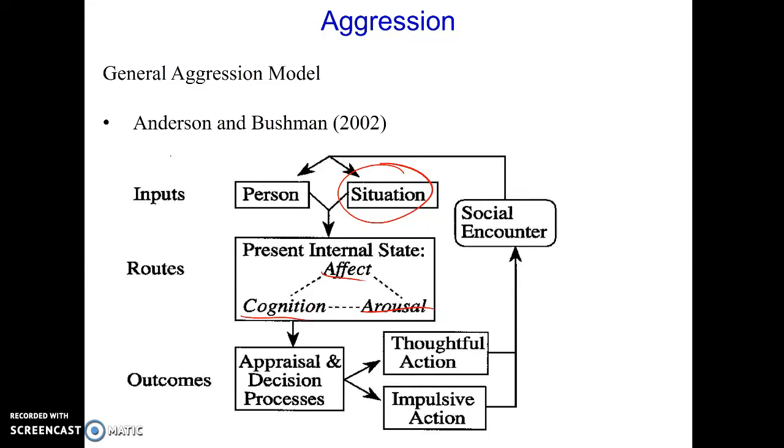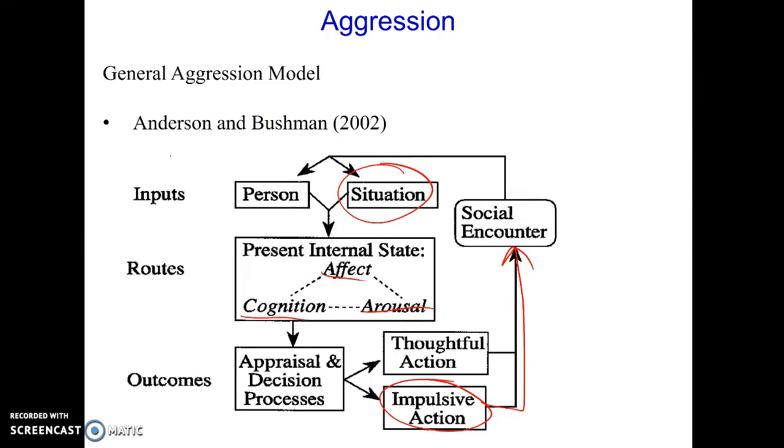The initial attribution is that the person who provoked you is a jerk. Then it's going to ask you, do you have the time, ability, and resources to rethink that attribution? If the answer is no, that's going to be an impulsive action, likely to be aggressive. And that aggression is going to lead us back to here.